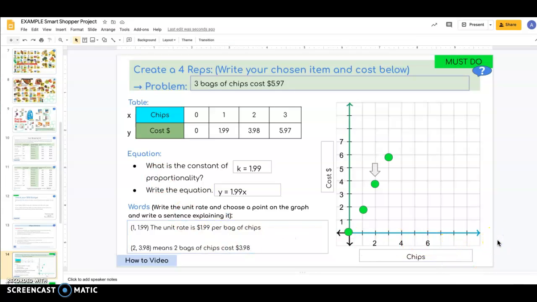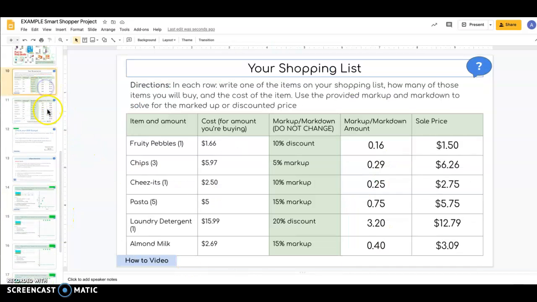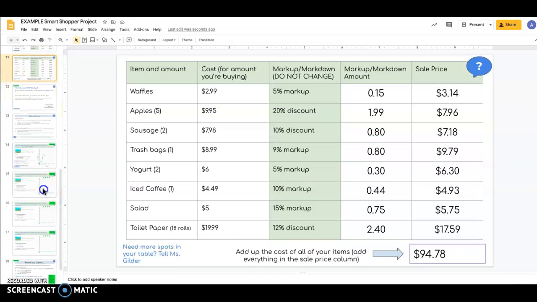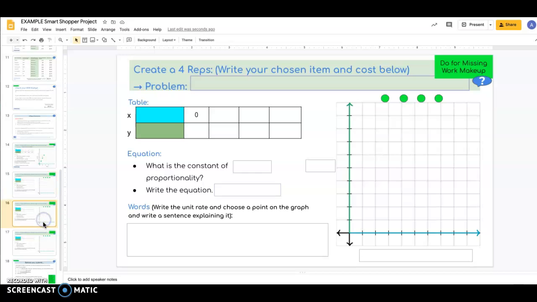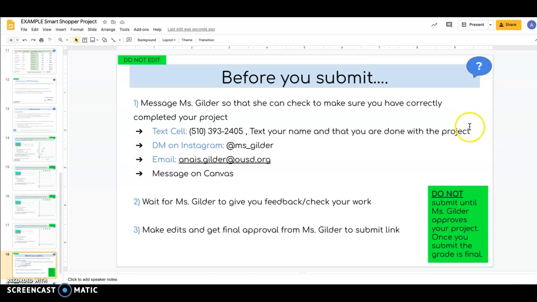If you would like to make up any missing work that you have, you can do this again using 3 different items and values from your shopping list and complete page 15, 16, and 17. But if you do not have any missing work, once you finish page 14, you're going to go back to the direction slide, and it'll tell you this is what you need to do next.